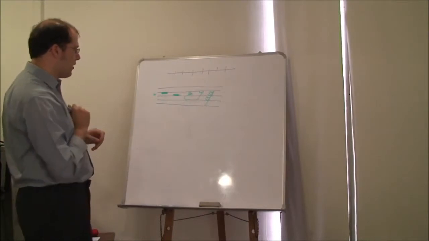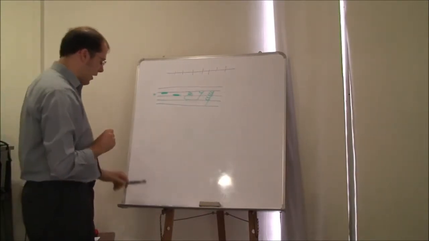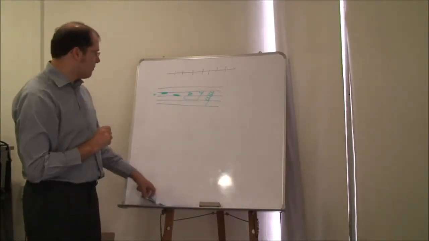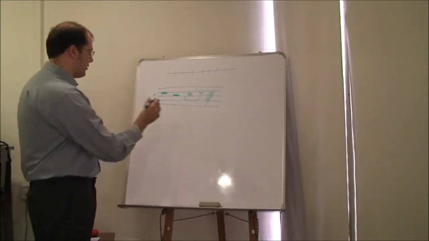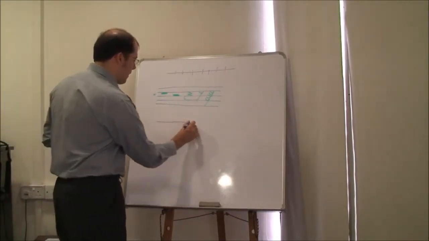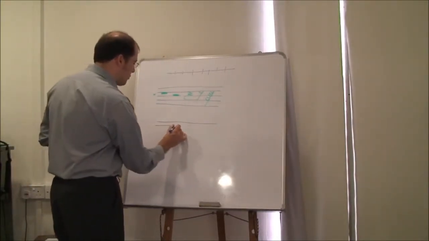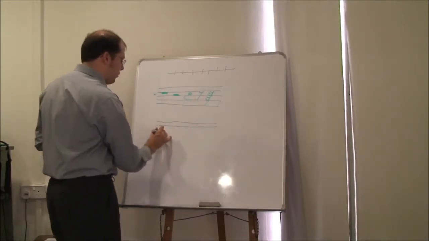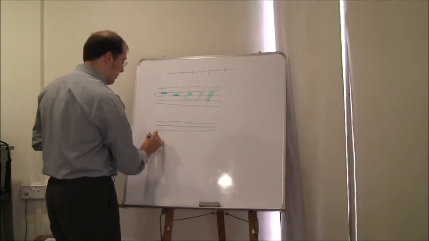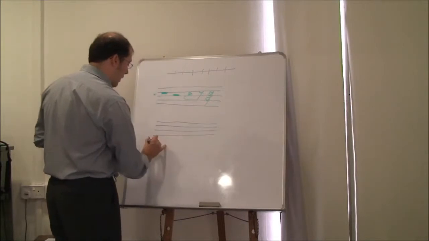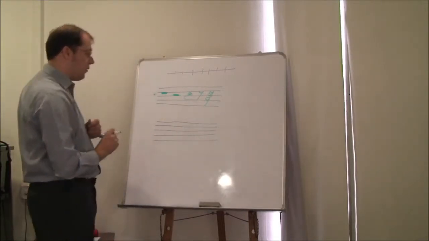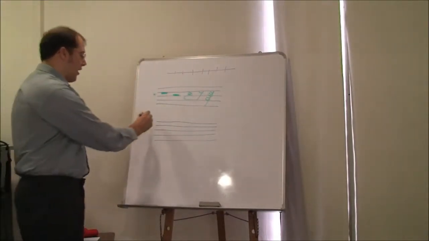Now, there's one more thing to notice with the rests, and that has to do with bars. Now, bar lines in music are a relatively new invention. And we're not going to worry about the meaning of them right now.